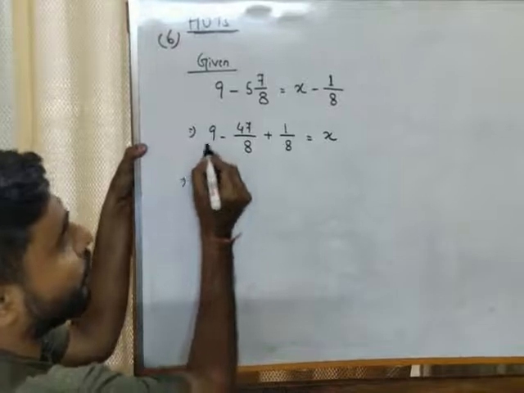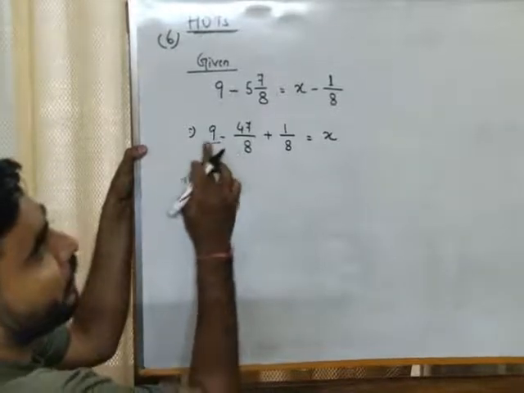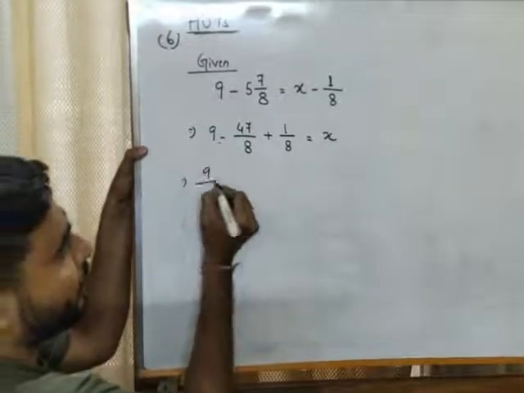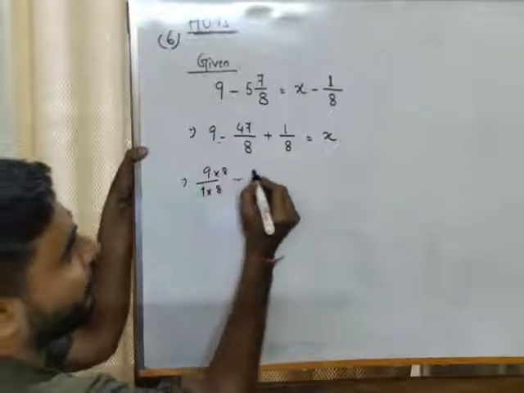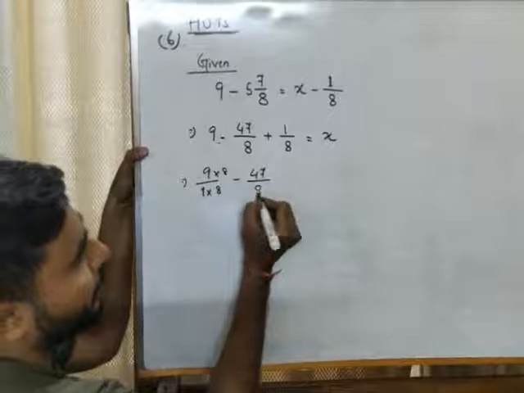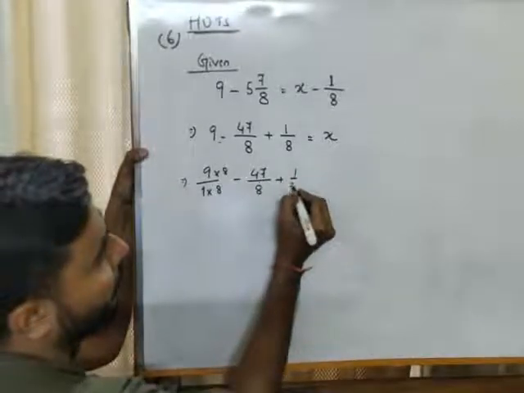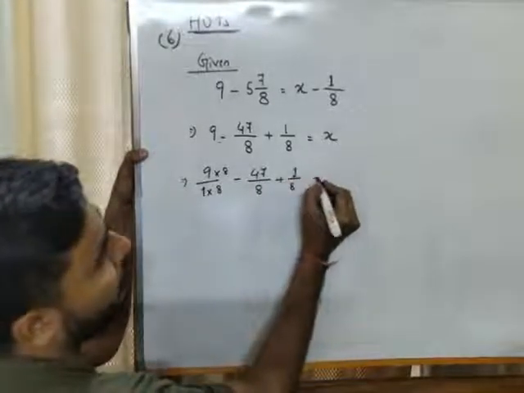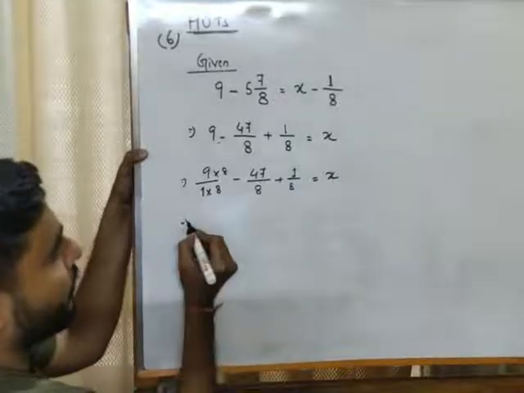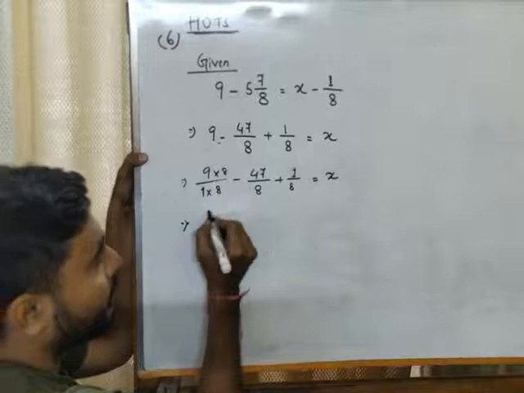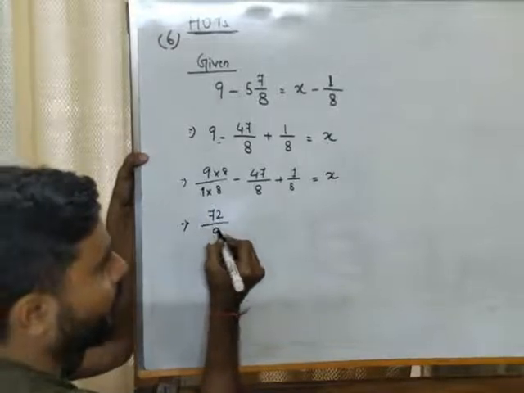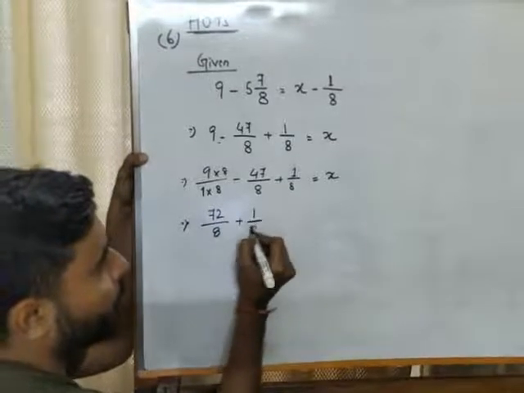So now here the denominator is 1. Okay. 9 has no denominator, that means 9 has denominator 1, into 8, minus 47 by 8, plus 1 by 8 is equal to x. Any doubt till here? 9 into 8 is 72. 72 by 8 plus 1 by 8.